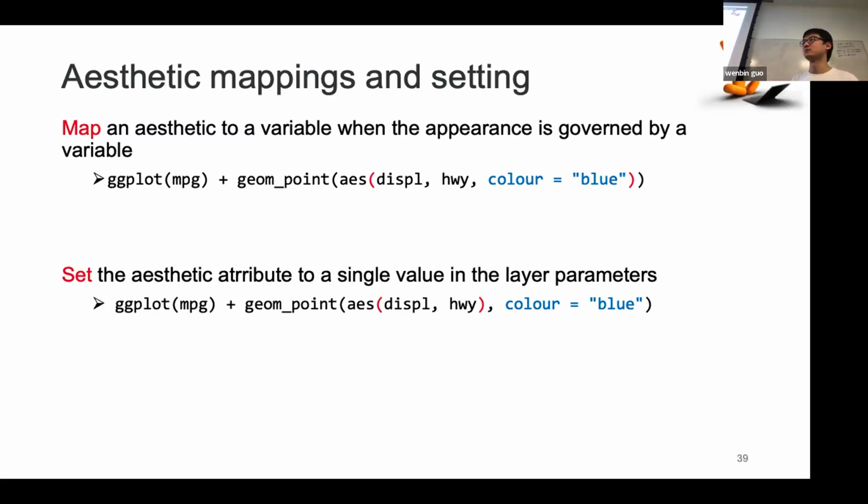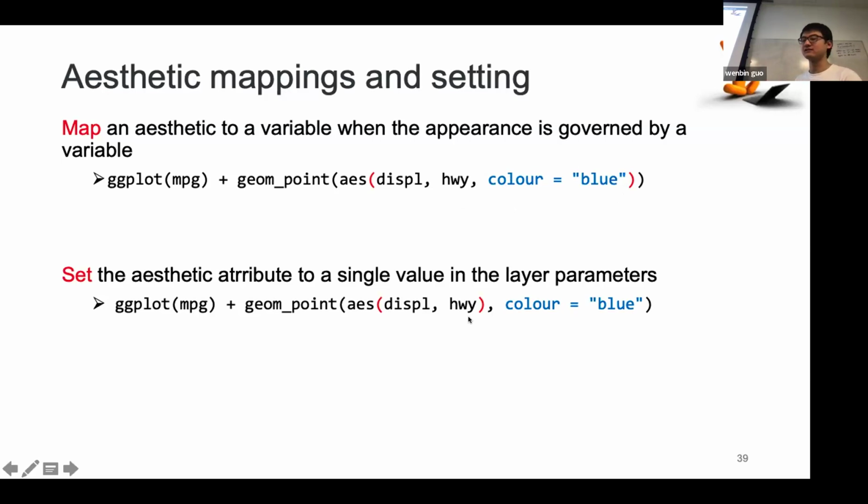Settings is more like, you don't want to do that kind of grouping. You just want to specify the same color for all of your data points. So the whole difference between the mapping and the setting is whether you are going to put the value name pairs within the AES function or outside the AES function.